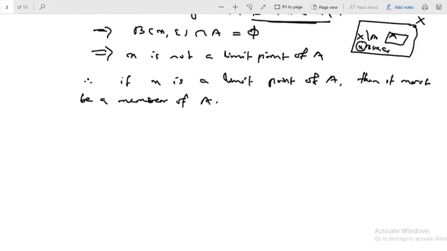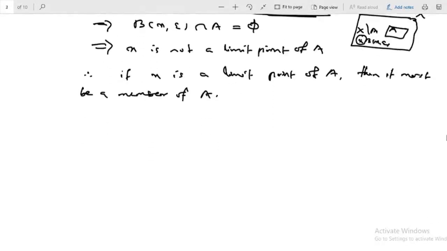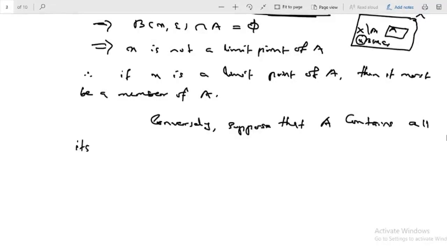converse ചെയ്യാം. Conversely, suppose A contains all its limit points. Check whether A is closed.